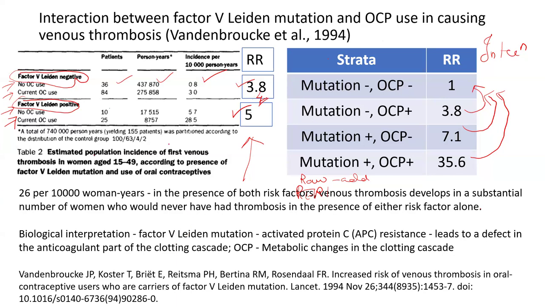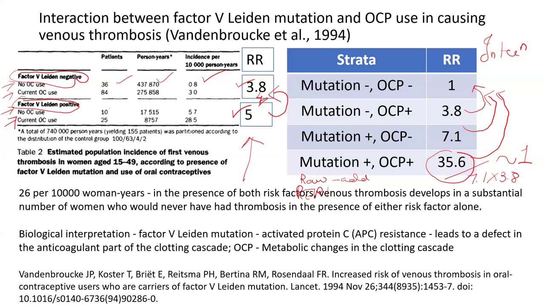Now this effect modification utilizes multiplicative interaction. So your multiplicative interaction here, if you do 35.6 divided by 7.1 into 3.8, it is nearly going to be equal, somewhere near 1. So your interpretation is going to be there is no multiplicative interaction.